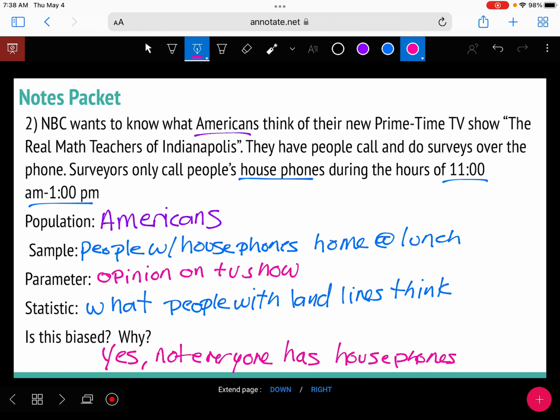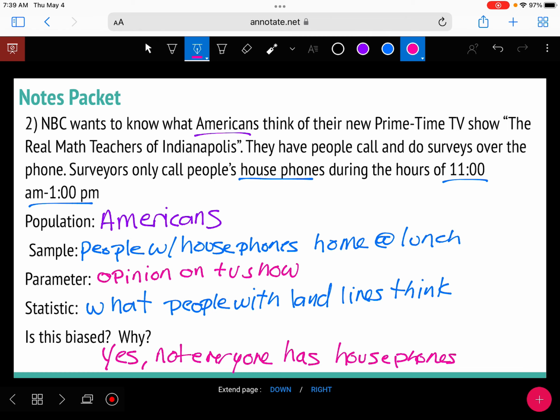If they were calling at whatever time the show runs, they're calling at 8 o'clock, maybe we could get away with that. Maybe. The landline thing's still a problem. But they're calling in the middle of the day for a primetime TV show. Primetime TV shows are the ones that come after the news in the evening, like when Friends goes.